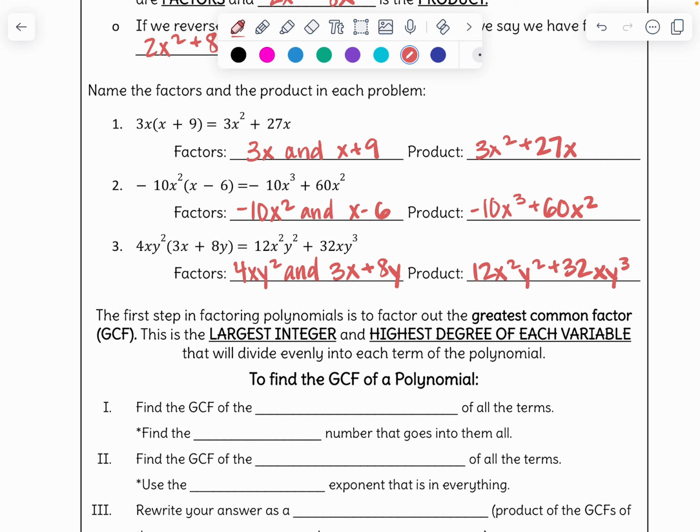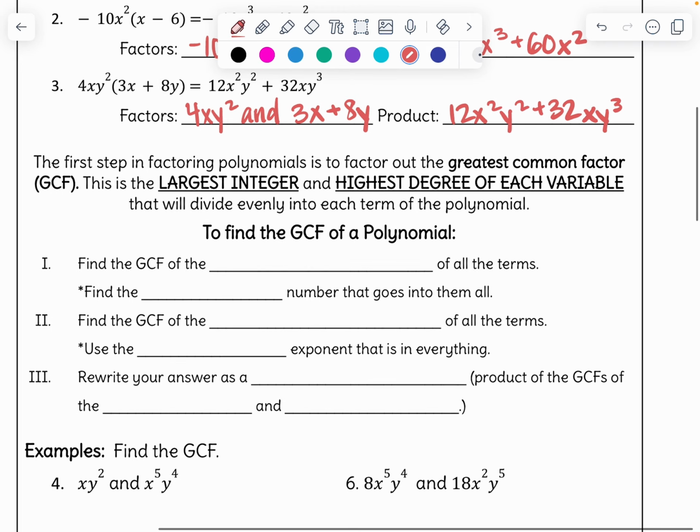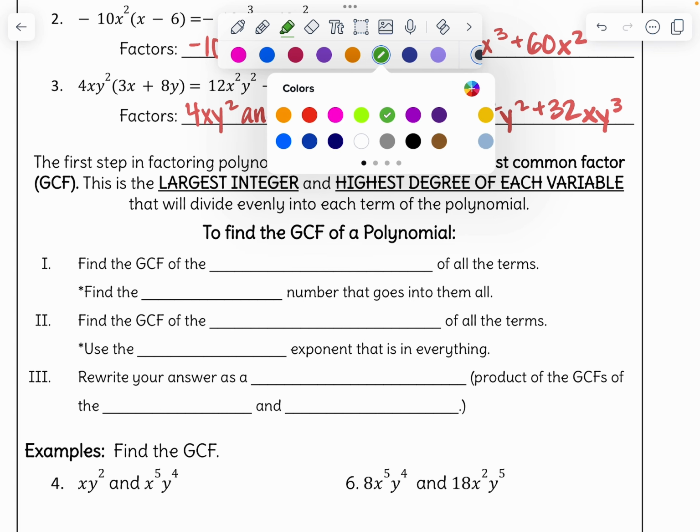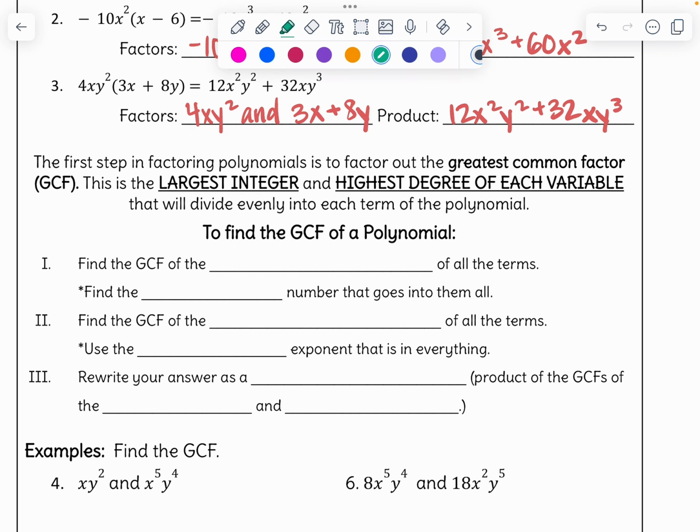So the first step in factoring polynomials is to factor out the greatest common factor. We spent some time last week going over greatest common factor. This is the largest integer and highest degree of each variable.